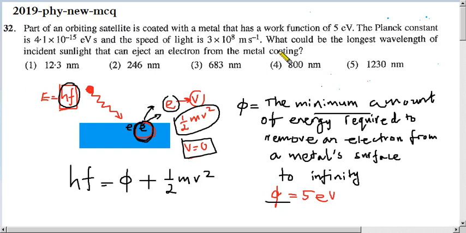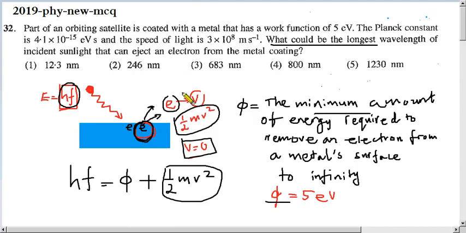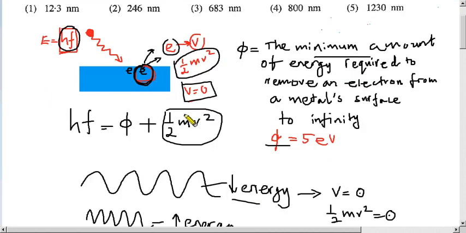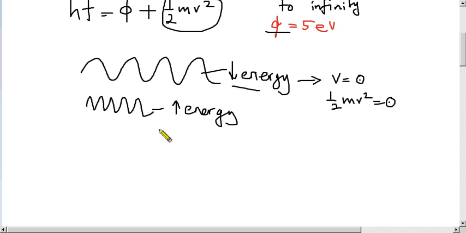As they have given this sentence, we can assume that this part is 0, because this electron doesn't need to have a velocity. It may just liberate from the metal, and that is enough. So that is the idea.